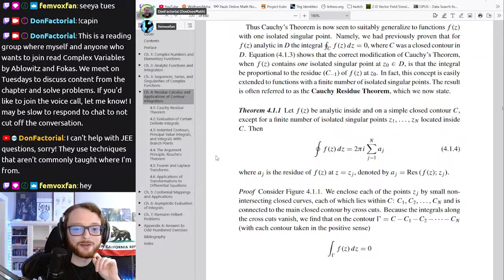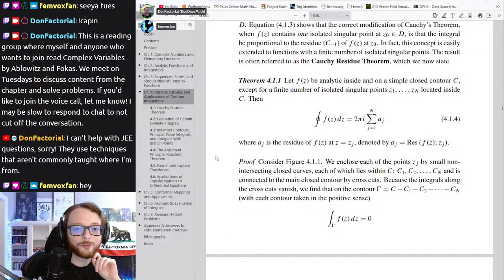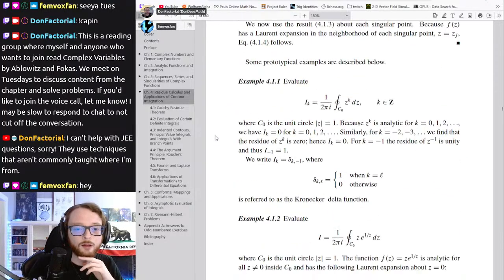But yeah, so the big idea of this is the Cauchy residue theorem, that the integral around a closed contour is equal to 2 pi i times the sum of the residues of all the poles, or rather isolated singular points, which could also be, I guess, essential, not necessarily poles.